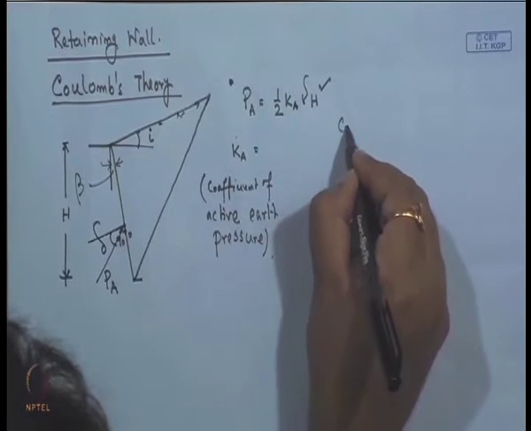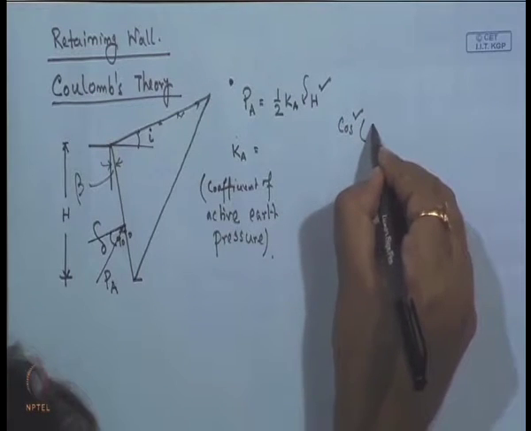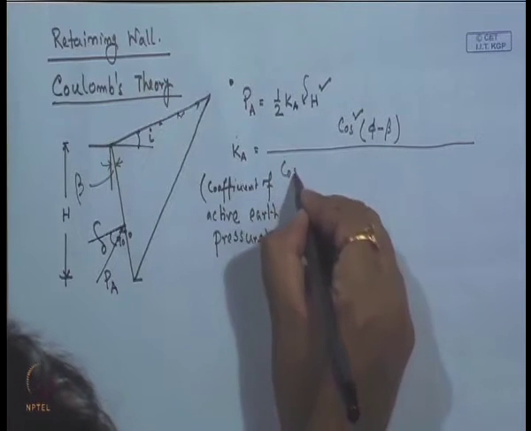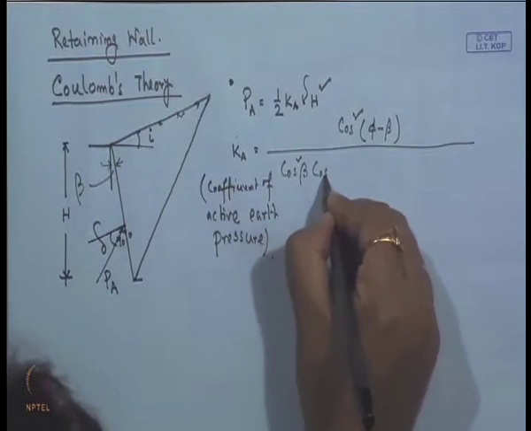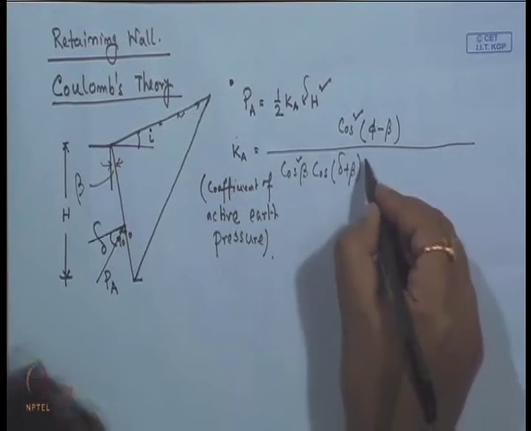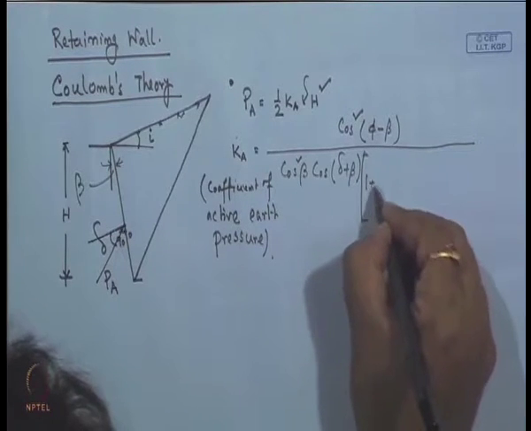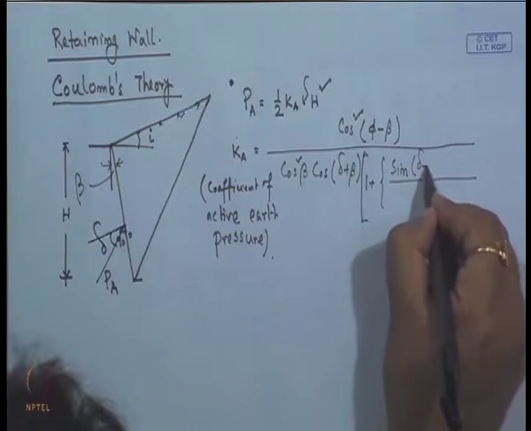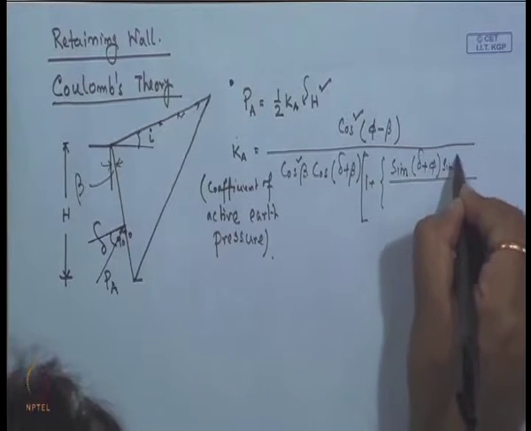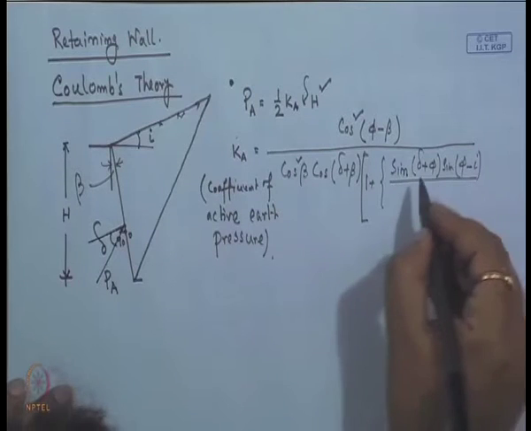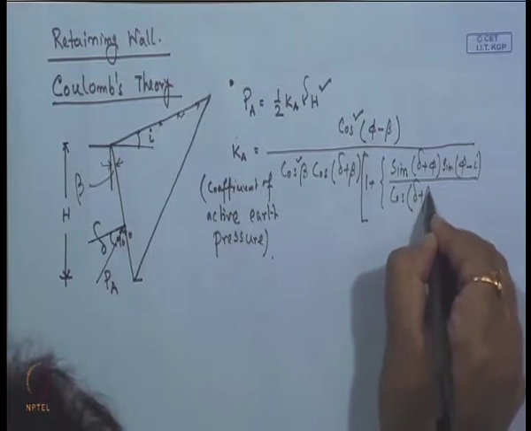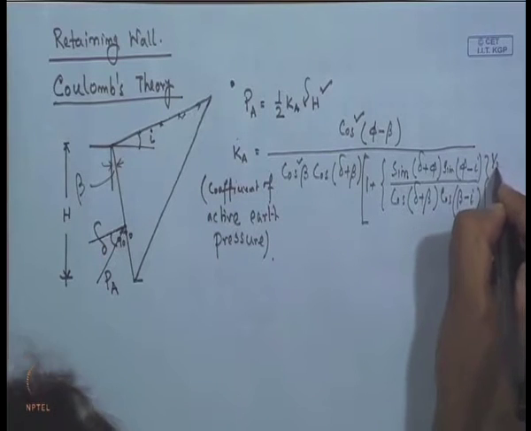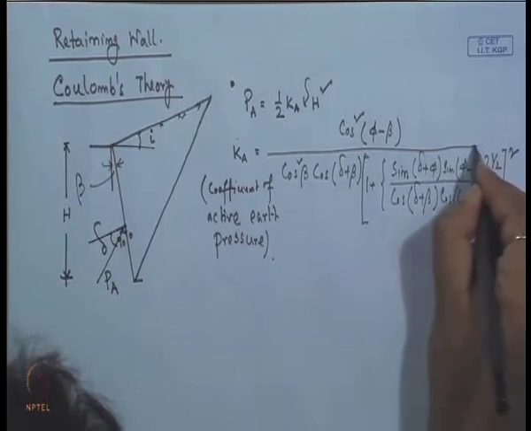Next, K A is given by cos square of phi minus beta, divided by cos square beta cos of delta plus beta, into 1 plus root over sin of delta plus phi into sin of phi minus i, divided by cos of delta plus beta into cos of beta minus i, and this total is squared.